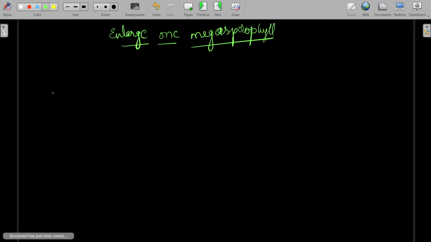This is A. This is the large woody structure.